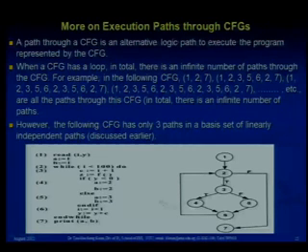But earlier we have already calculated the number of paths in the basic set of linearly independent paths, and we only have 3 paths. Although in total there are an infinite number of paths through this control flow graph, we only have 3 paths in our basic set of linearly independent paths.